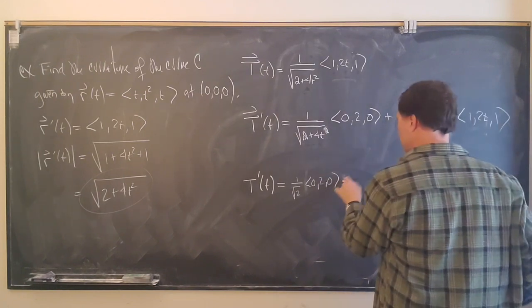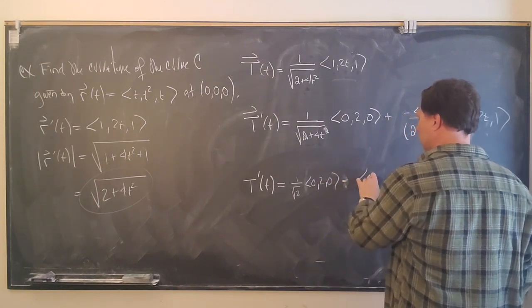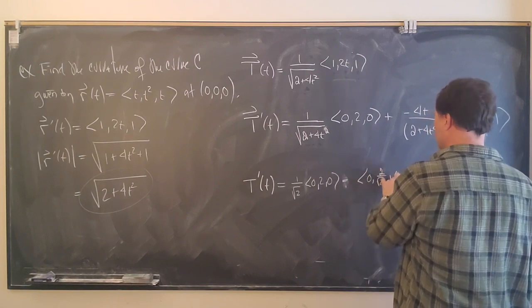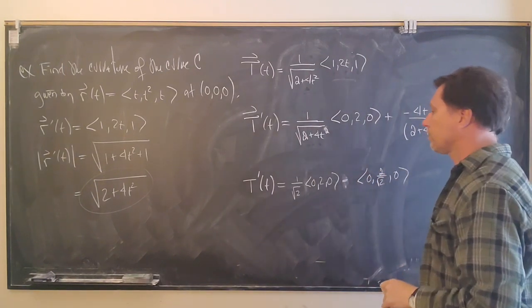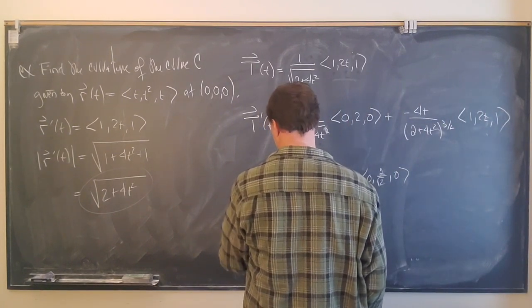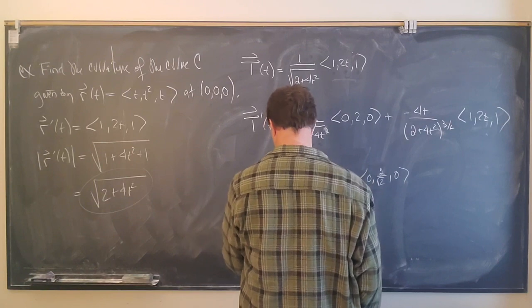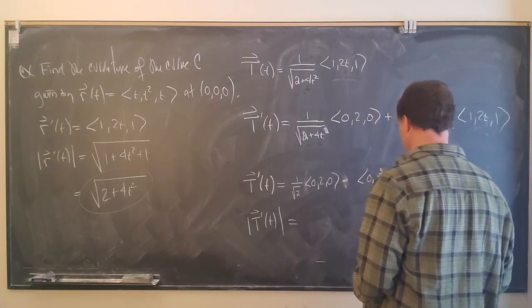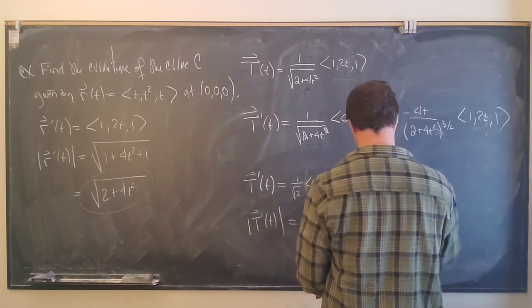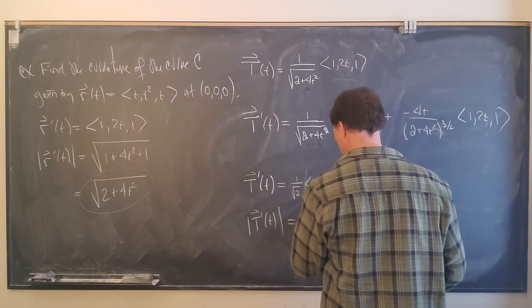So it comes out to be the vector (0, 2 over root 2, 0). Which means then that the magnitude of T prime is equal to 2 over root 2.